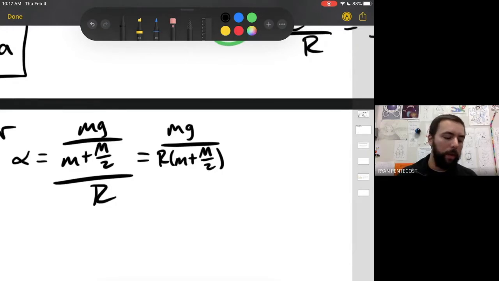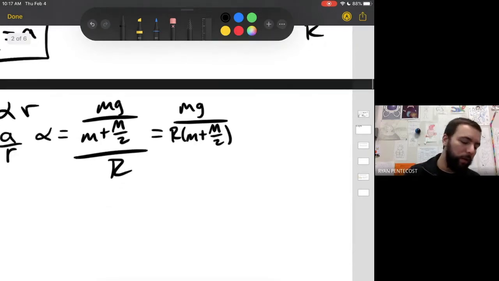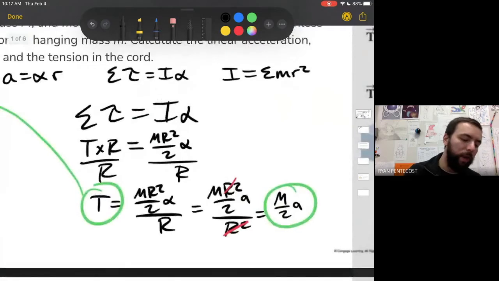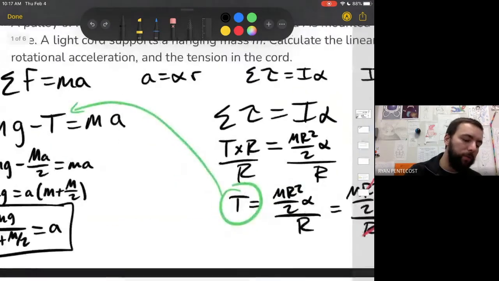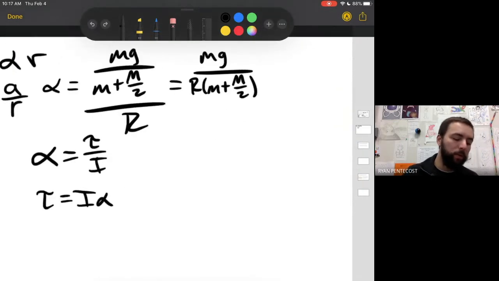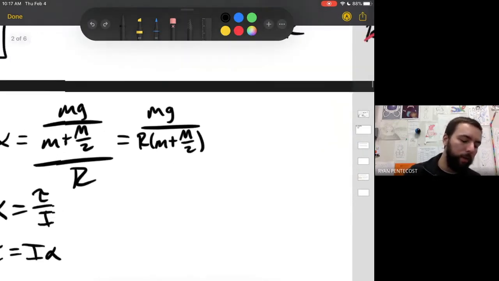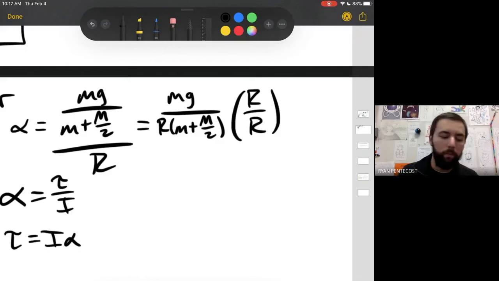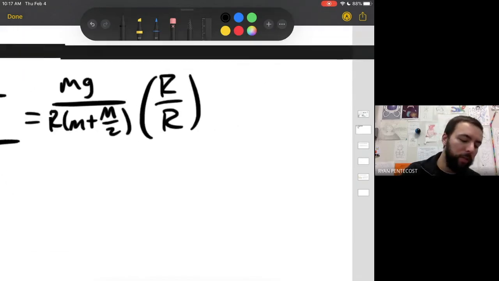However, it is customary to show your alpha in terms of torque and moment of inertia, because torque is I alpha, one of the equations we've got up here. If we want torque divided by I, divided by moment of inertia, we're going to multiply this by R over R. Just multiply by 1, but that changes its form.